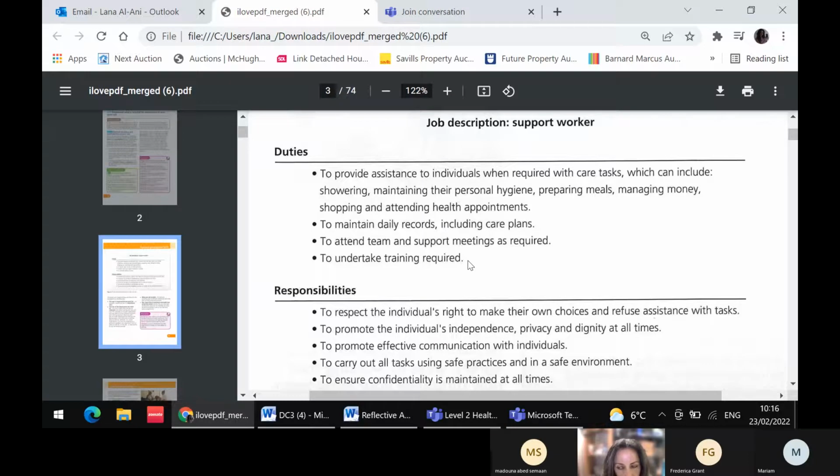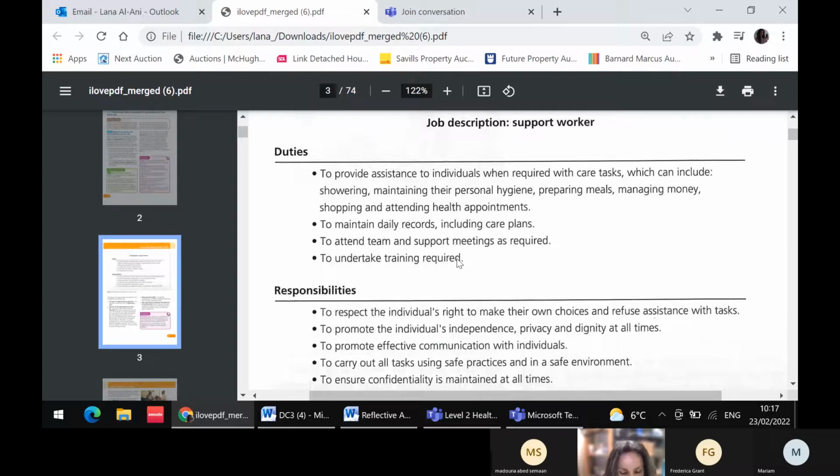And also we provide up-to-date daily records about their health and their care plan. And if we need any special training, we attend it, and we attend any team meetings as required.